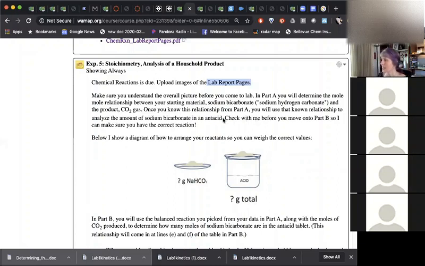So I say in here, check with me before you move on to part B. Usually I ask students to complete all of their calculations in lab before they start part B, because everything depends on your choices. So I want you to do those calculations here in the lab session with us together now, and then we'll go on to part B and you'll take that data.